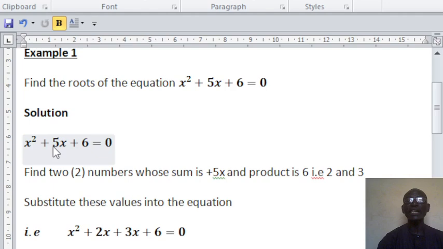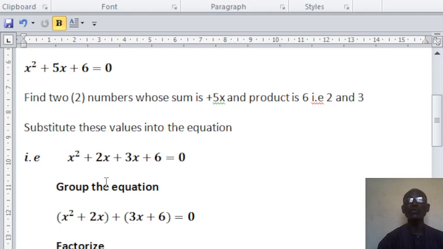So the numbers, substitute them into the equation. We shall be having x squared plus 2x plus 3x plus 6 equals 0. You notice these 2 and 3 that were introduced into the equation, if you add them, you arrive at plus 5.